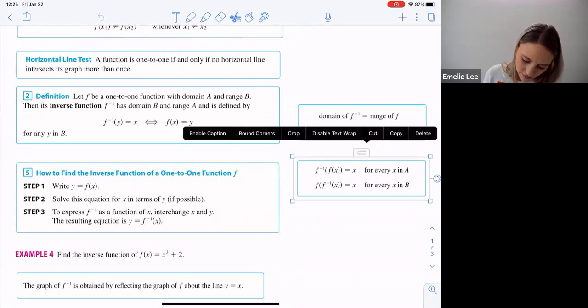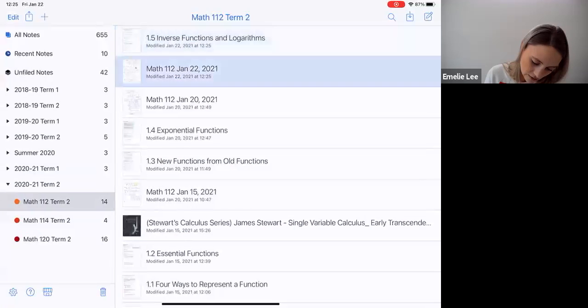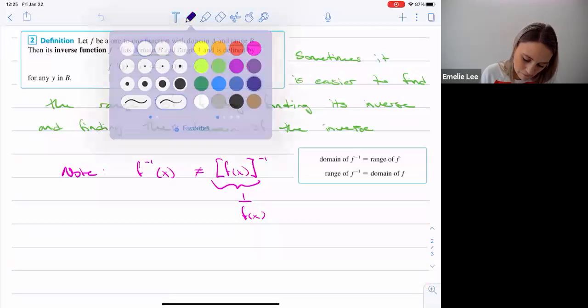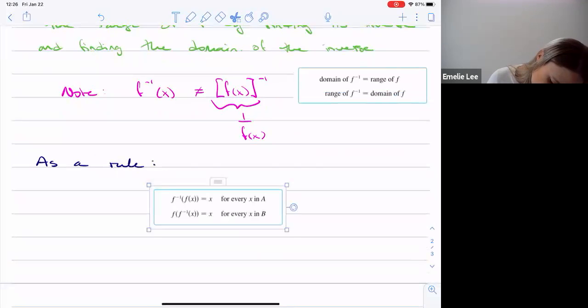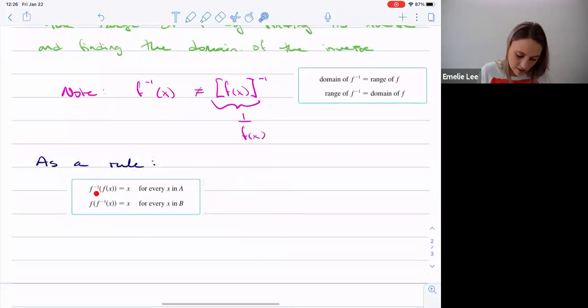As a rule, and I'll paste this in here, the inverse composed with the original function, this is the same as the composition formulas that we were just dealing with, should cancel out to x, right? And then the function composed with the inverse should also reduce to x, right?